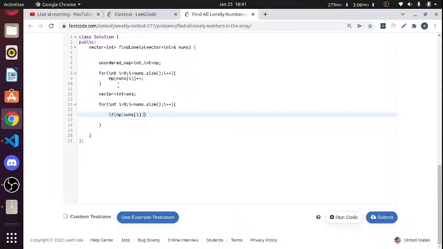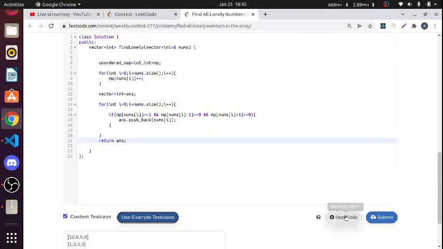And the map value of that number's adjacent number should also not be present, so it should be 0, and in the other case it should be 0. If that is right, then push to the answer. Yeah, I think it will be fine because order doesn't matter.